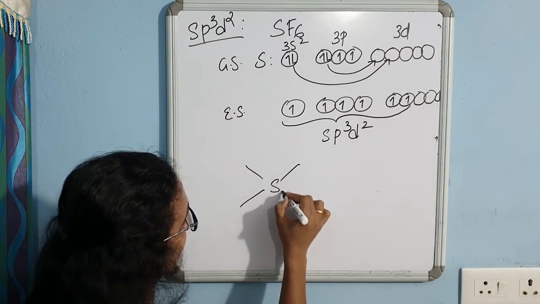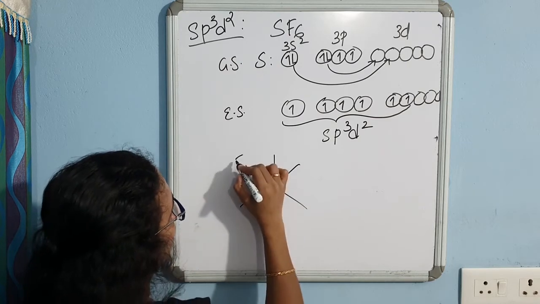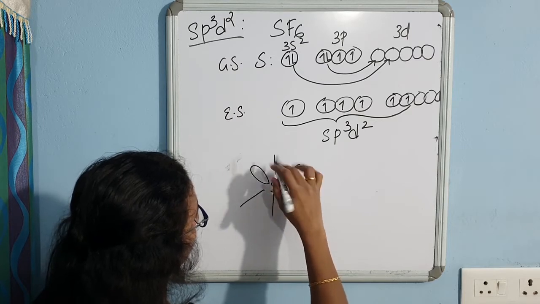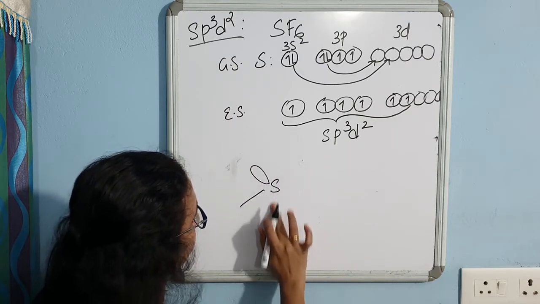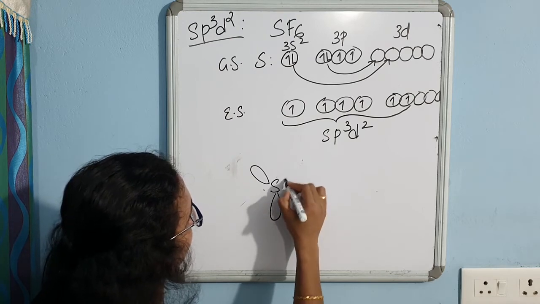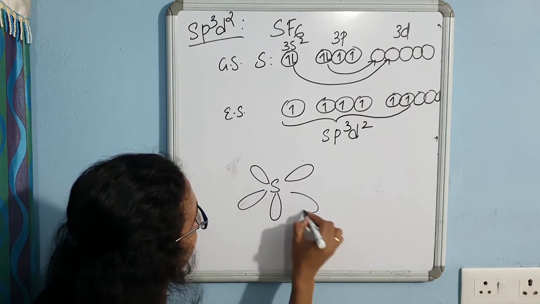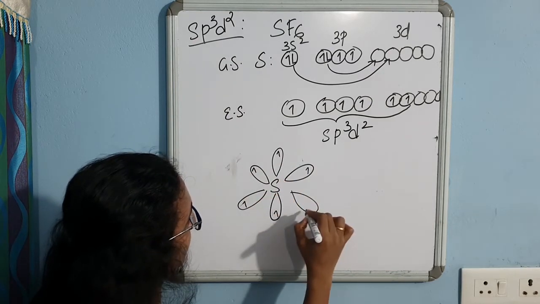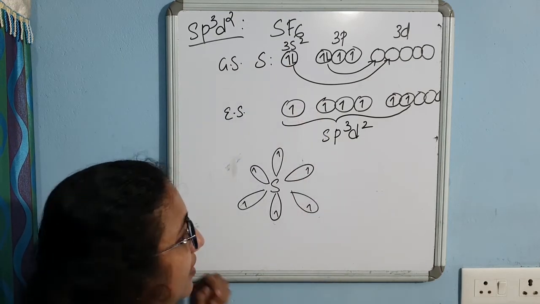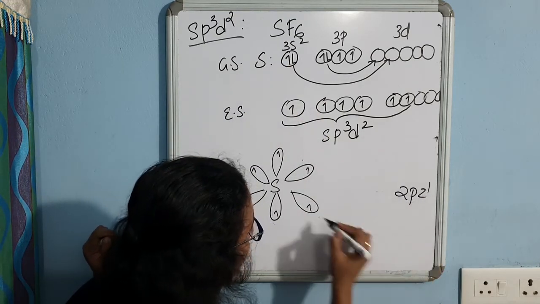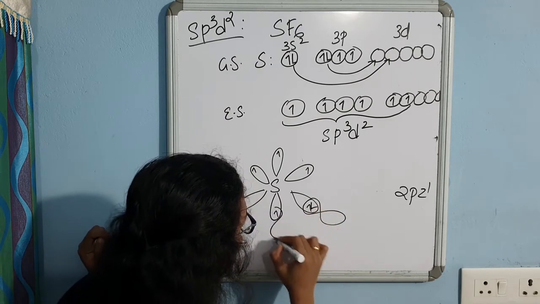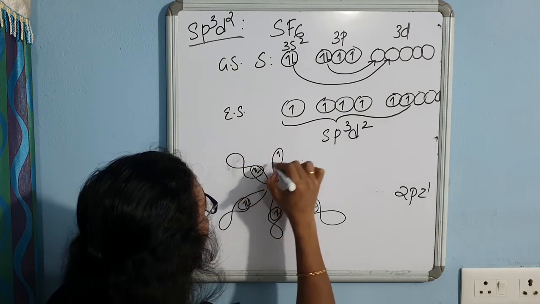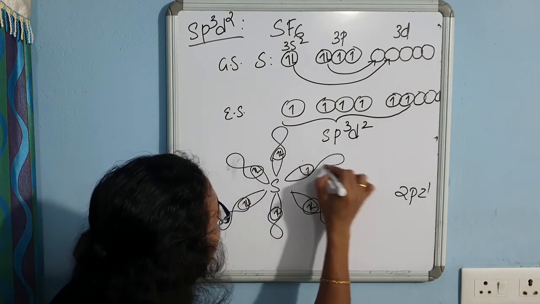So there will be an octahedral arrangement of hybrid orbitals. Each hybrid orbital has 1 electron, and now 6 fluorine atoms with 2pz1 configuration overlap with the half-filled hybrid orbitals to form an octahedral SF6 molecule.